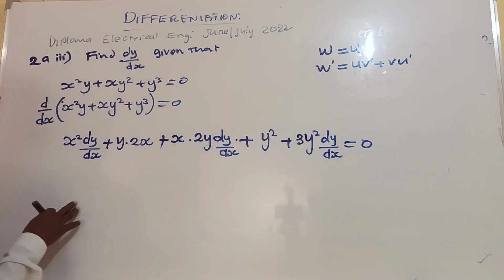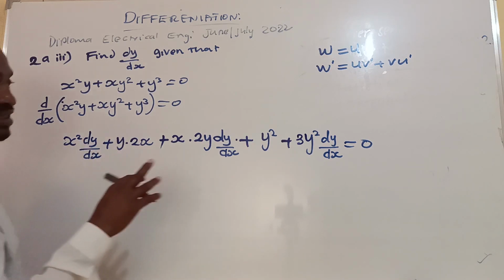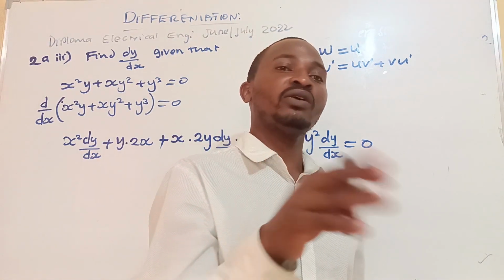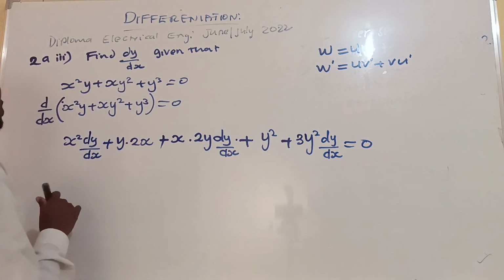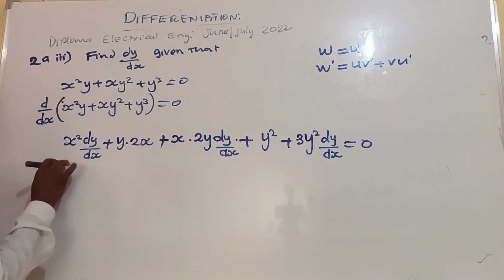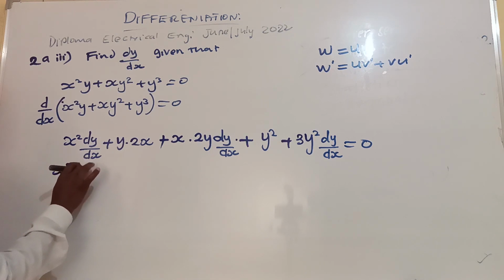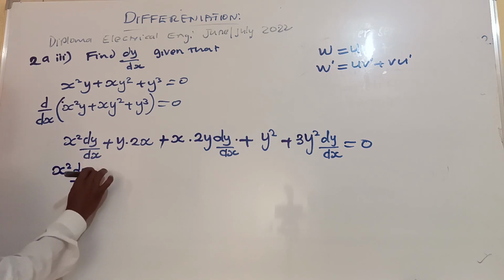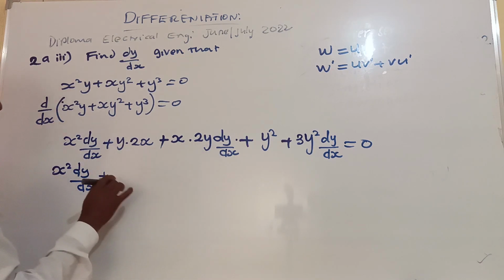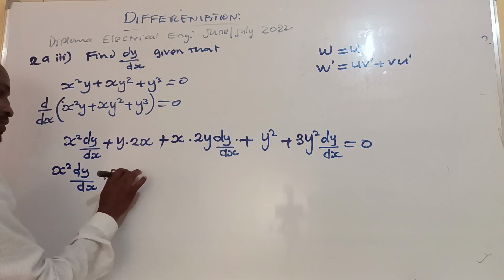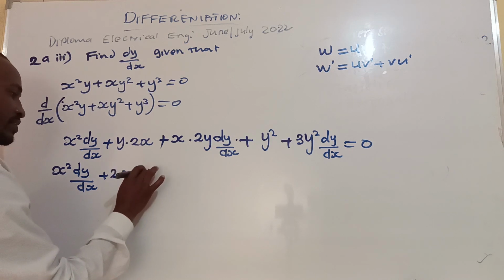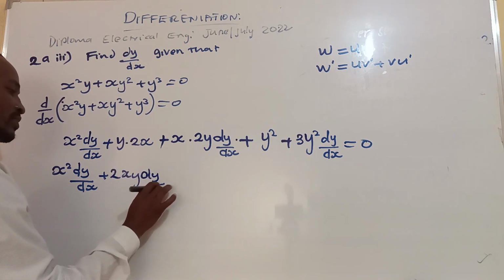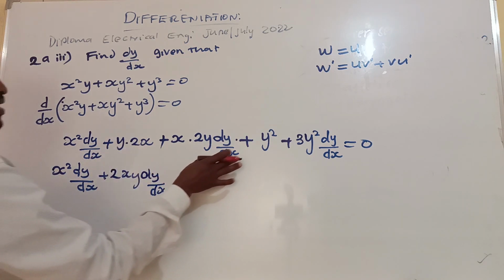Now what you are going to do, all terms with dy dx, we're going to put them on one side. All terms without dy dx, we will put them on the other side. So here you have x squared dy dx, plus this one 2xy, this one dy dx, plus which other one?